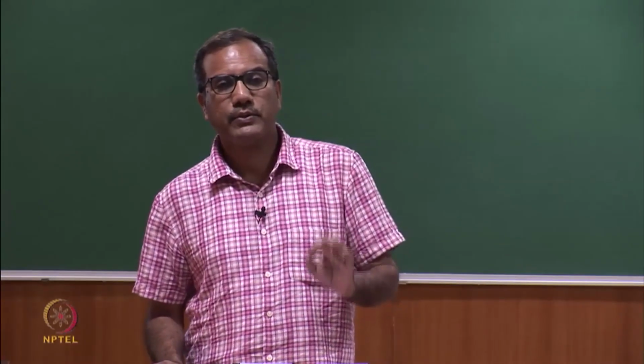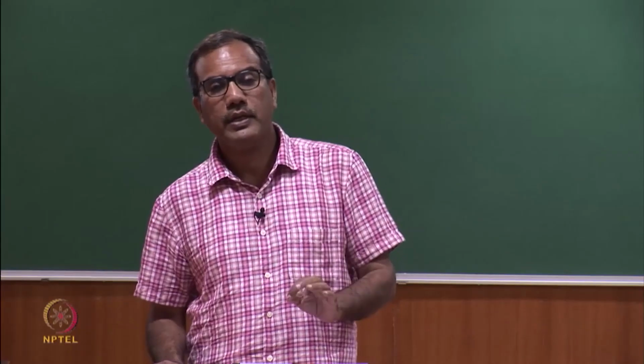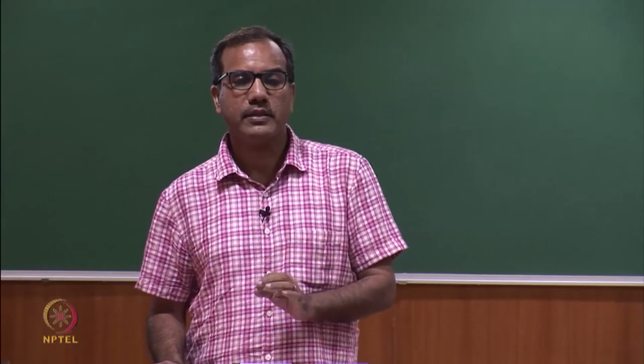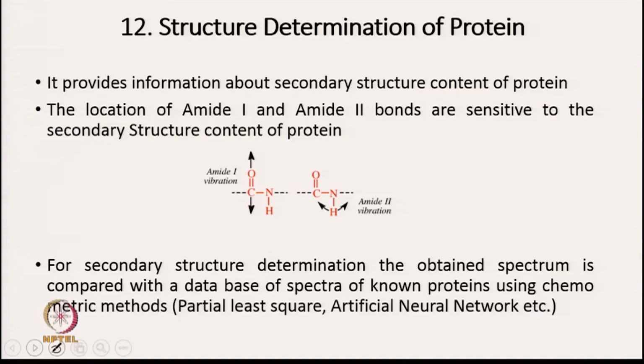IR spectroscopy not only helps you in determining the concentration of protein, it can be used to determine the structure of protein. IR spectroscopy provides information about secondary structural content of protein.